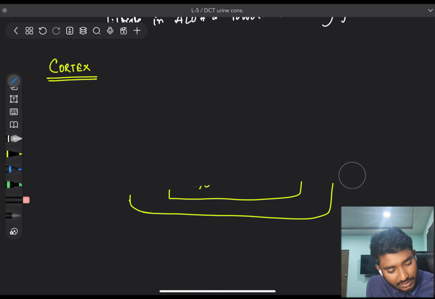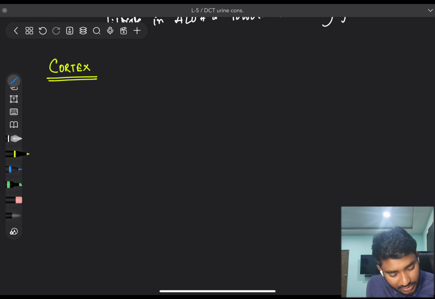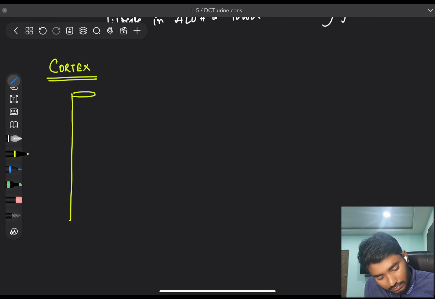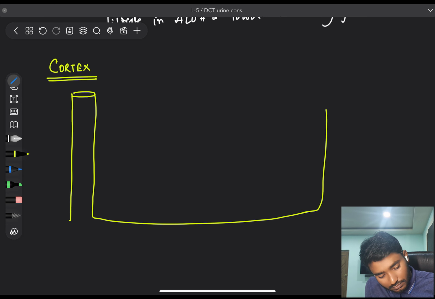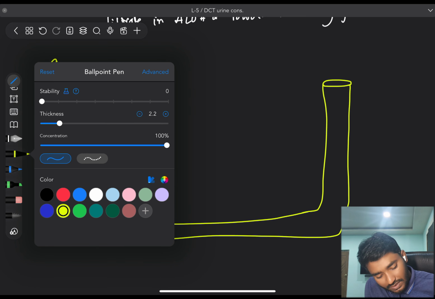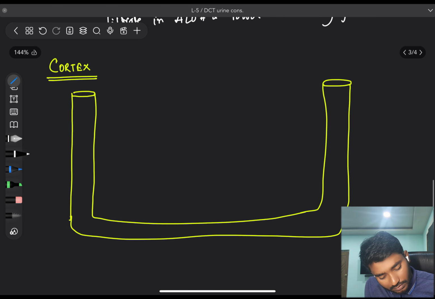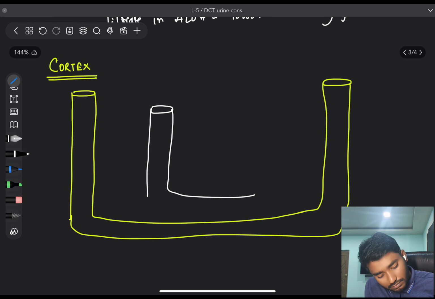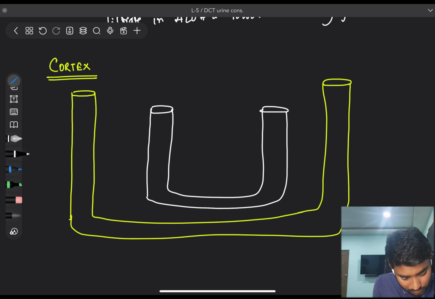We need to draw once again, to draw the counter current mechanism now. Let's see here. Another one is here.